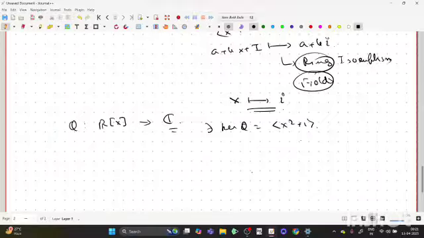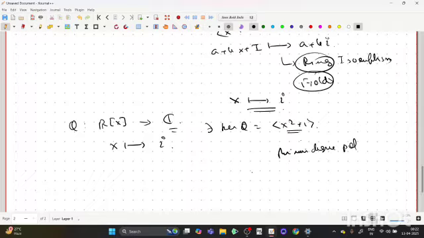We can map x to I. Once I map x to I, we will see that the kernel will come out to be every polynomial which is a multiple of x square plus 1, because the minimum degree polynomial p(x) such that p(I) is 0 is x square plus 1.